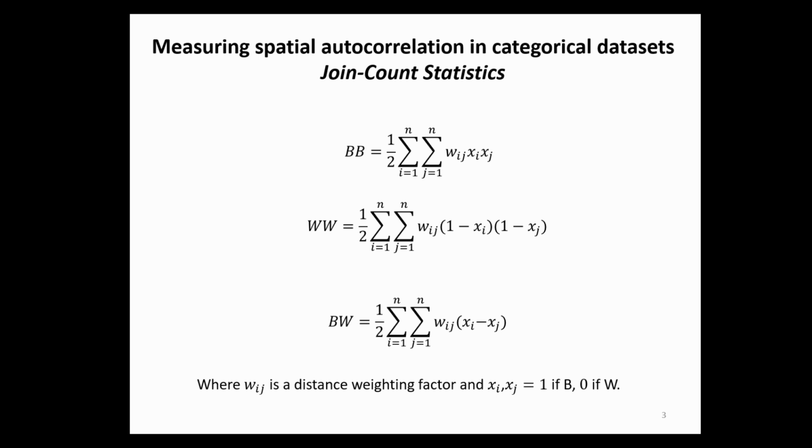If black cells are closer to each other than expected, you have autocorrelation. If white cells are closer to each other than expected, you've got autocorrelation of white cells. If black and white cells, as you can see in the third equation, are closer to each other than expected, you have negative autocorrelation or no autocorrelation in this case.